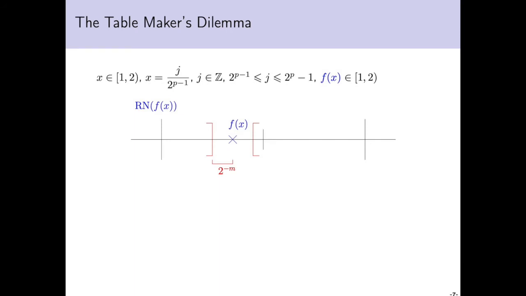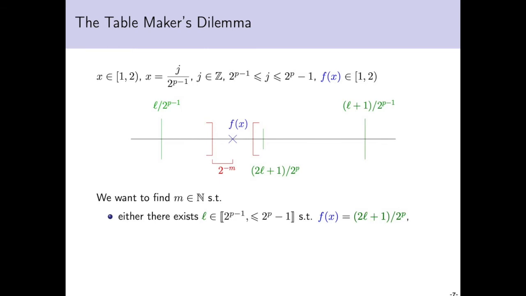So let's try to formalize it with some parameters. Here my epsilon would be 2 to the minus m. I have two consecutive floating point numbers, and the breakpoint here. First thing, the breakpoint.